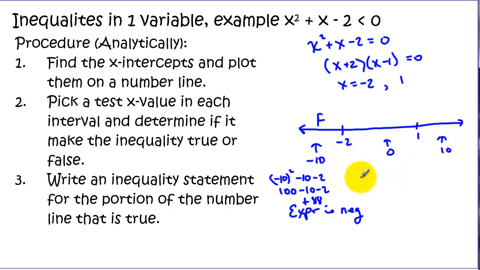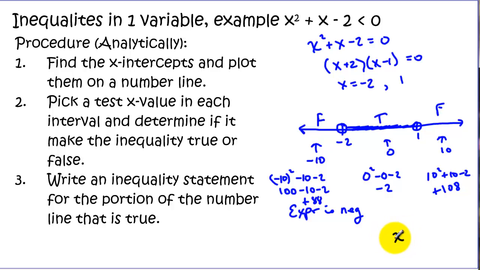If I put 0 in, I've got 0 squared minus 0 minus 2 gives me negative 2, so that is negative. So this part's true. And over here, I get 10 squared plus 10 minus 2 is 108, and that's positive, so this is false. So my solution goes from negative 2 to 1.